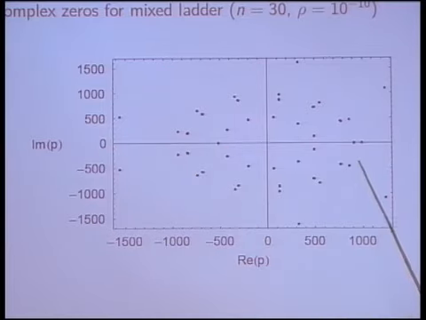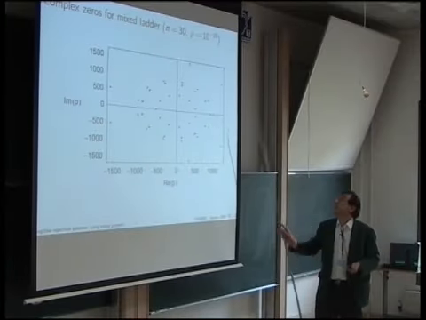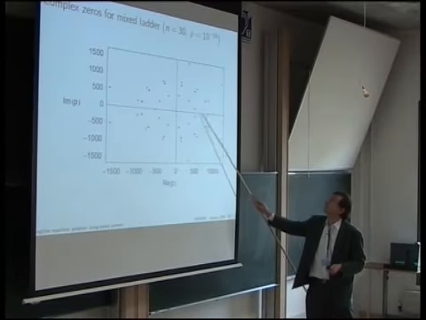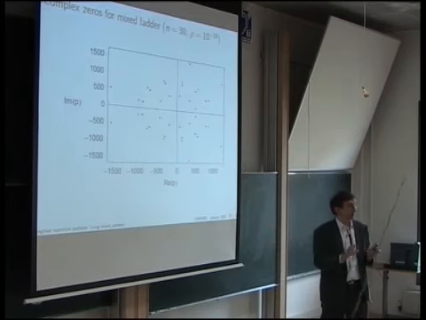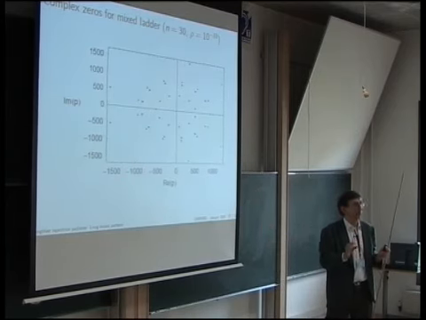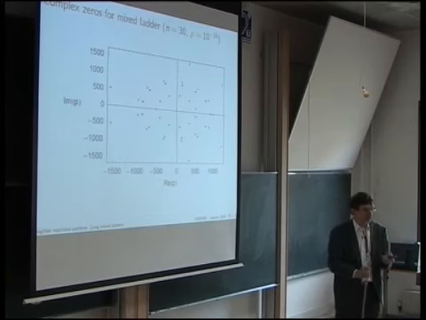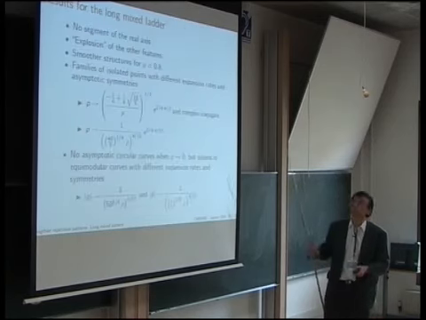The outer parts here are also isolated points, but here and here you have sets of equimodular curves. So you have different rates of expansion.